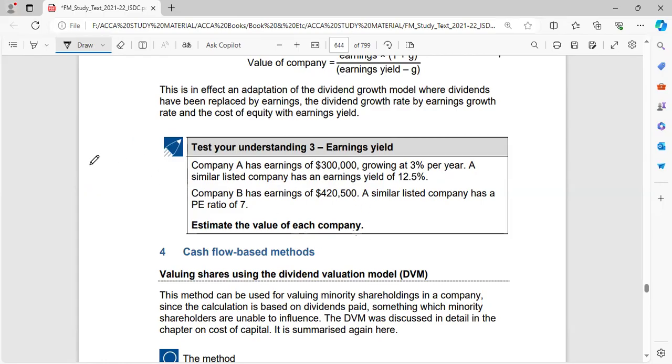First we will calculate the value of A: 300,000 into 1.03 divided by (0.125 minus 0.03). So 300,000 into 1.03 divided by 0.095.